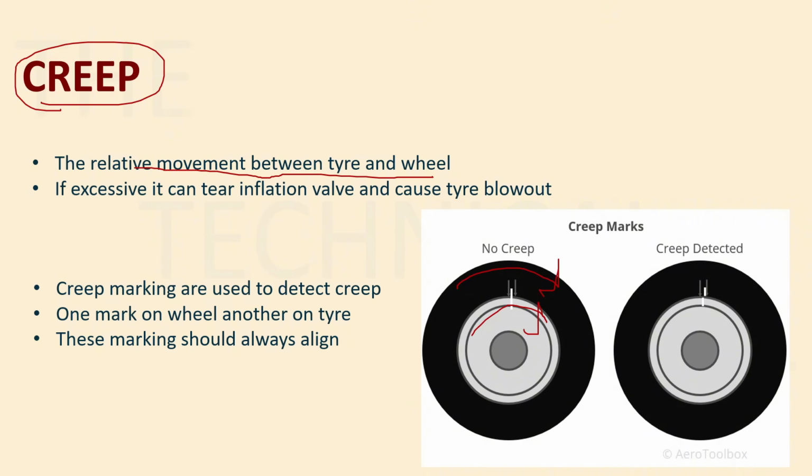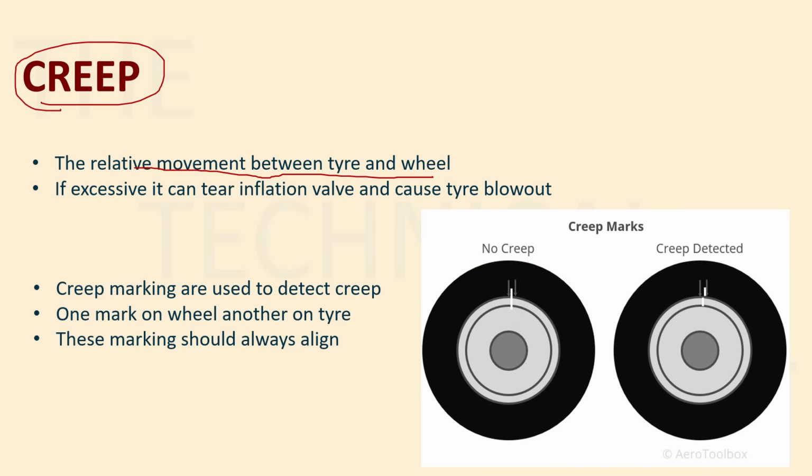They should move together. But in certain situations, your tire moves a little more than your wheel. Why does it happen? We'll see that. But this problem, where the tire moves a little more than the wheel, is called creep.